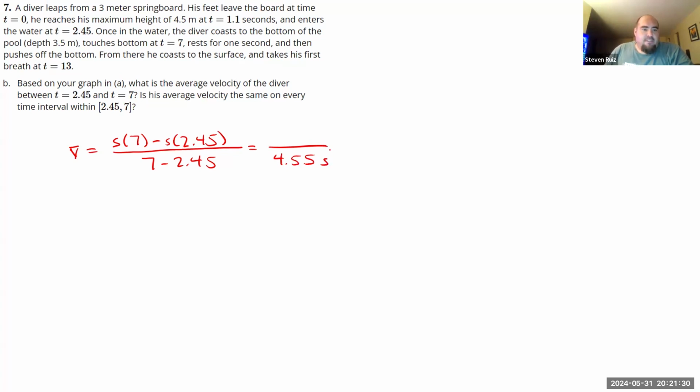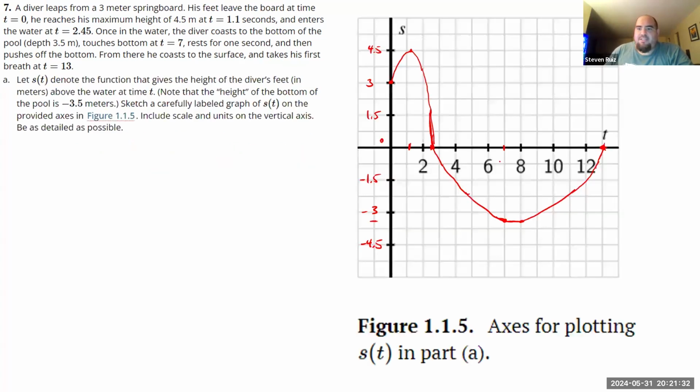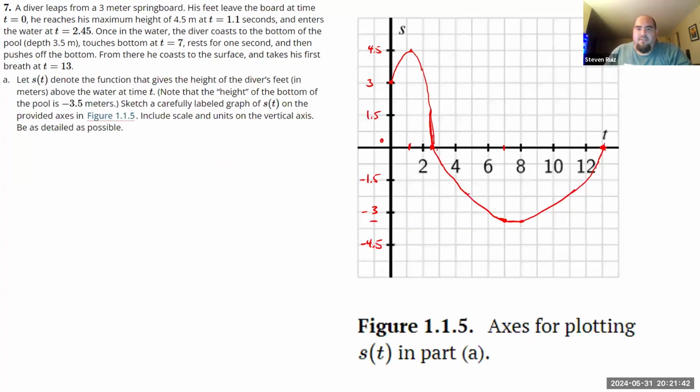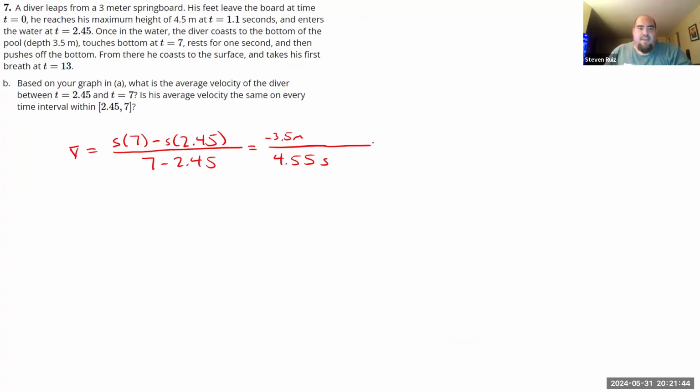So let's go back and look at what those positions are. At 7 seconds, we were at the bottom of the pool. So that is negative 3.5 meters. At 2.45, we were at the surface of the water. So that is 0 meters. So we have negative 3.5 meters over 4.55 seconds.